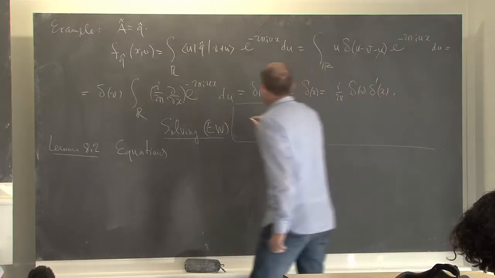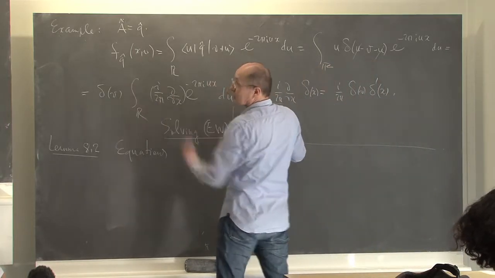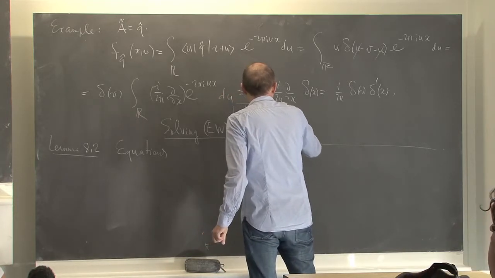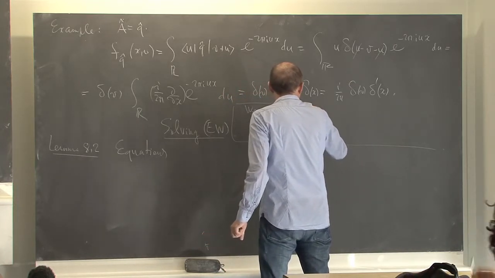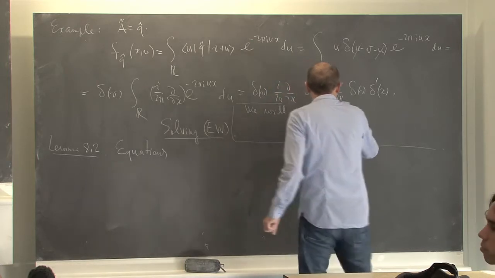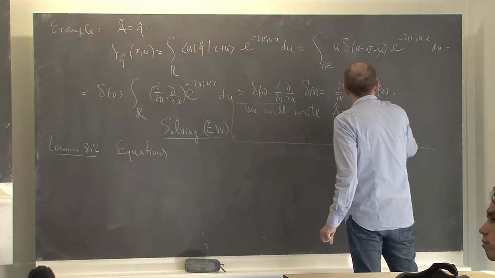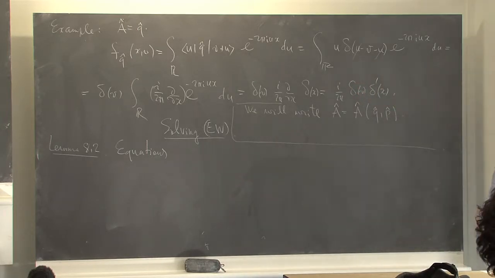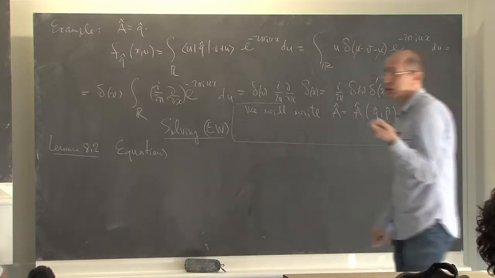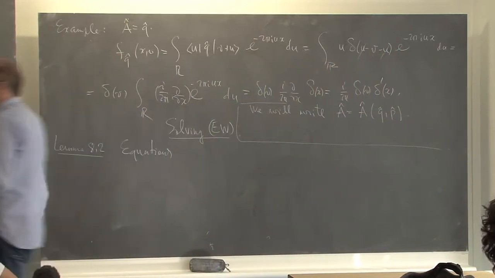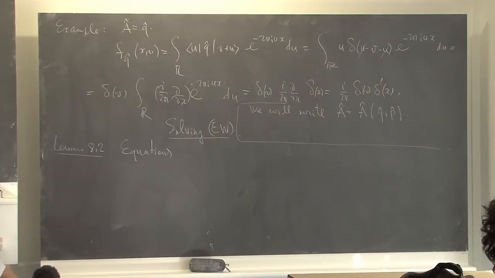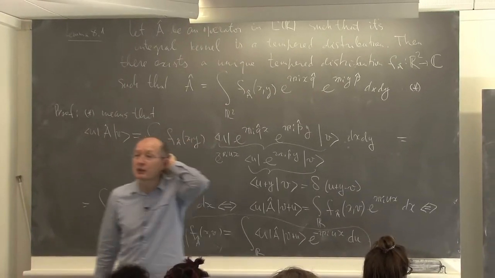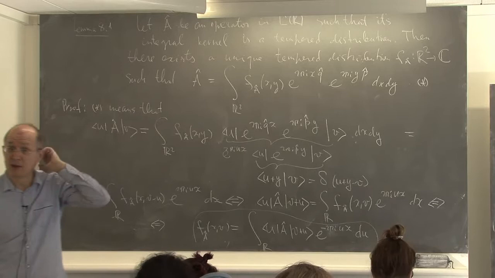So in the context of that lemma, we will write a hat to be a hat of QP. If we have just one single self-adjoint operator, to be able to apply the spectral theorem, then we can write a measurable function of that operator.